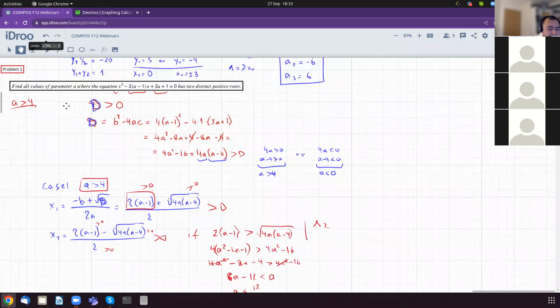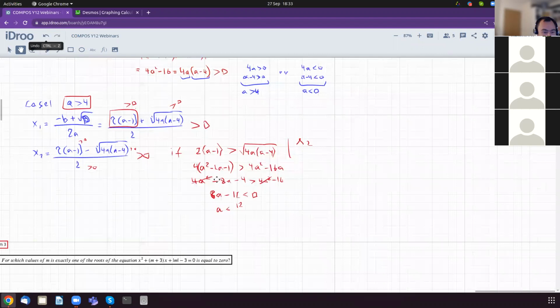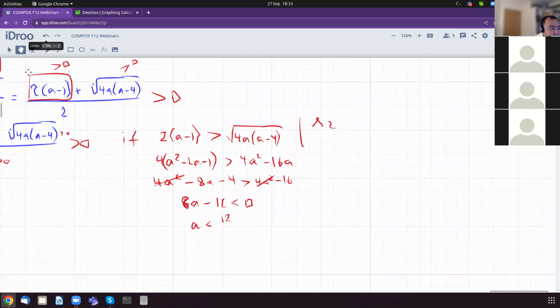Minus 16a, yes. Sorry. Minus 16a, thank you. And this is going to be 8a greater than 4. So a is greater than half.